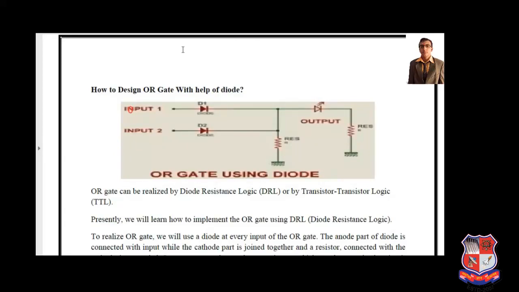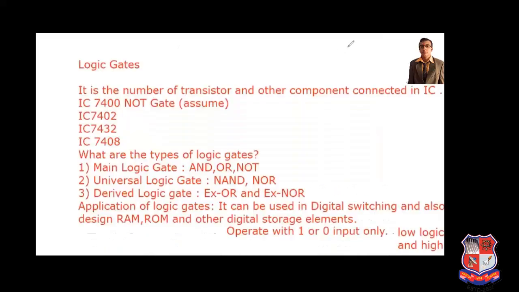I have explained with the first figure with the help of whiteboard, so you will be able to understand. Now see this, I have sketched here a diode. I have also sketched here a diode.